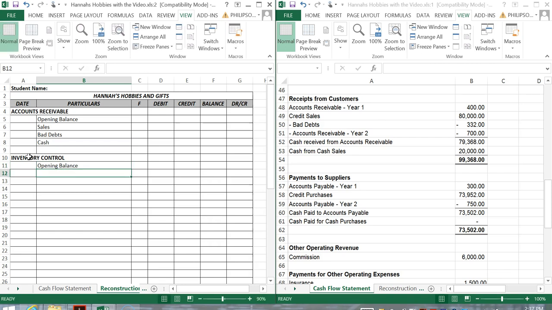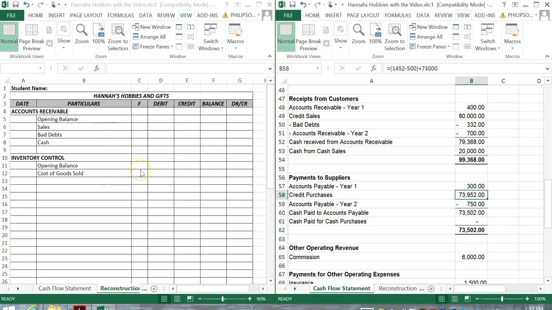Opening balance, and then we have our cost of goods sold. What we're essentially working out is this figure here, and we're using, as I showed you in the first video, how we go about figuring out this figure. Current inventory minus last year's inventory plus cost of goods sold.